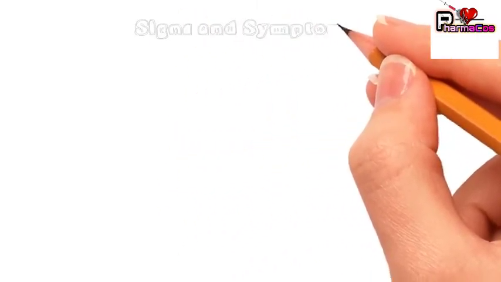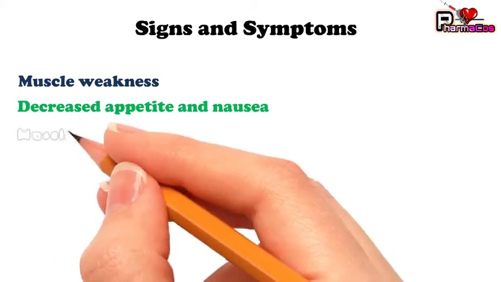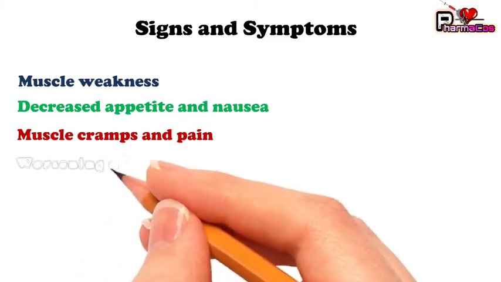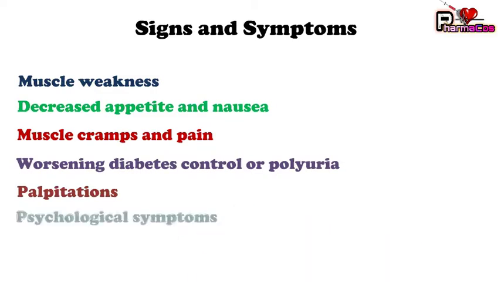The symptoms of hypokalemia are nonspecific and predominantly are related to muscle or cardiac functions. Complaints may include the following: muscle weakness that begins in the lower extremities and moves to the trunk and upper extremities, decreased appetite and nausea, muscle cramps and pain, worsening diabetes control or polyuria, palpitations, and psychological symptoms, for example, psychosis, delirium, hallucination, and depression.